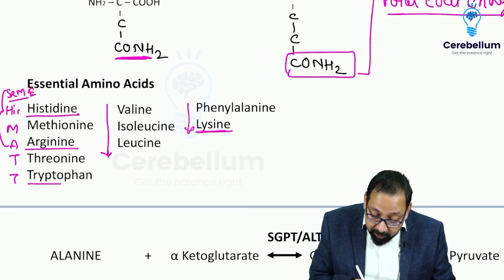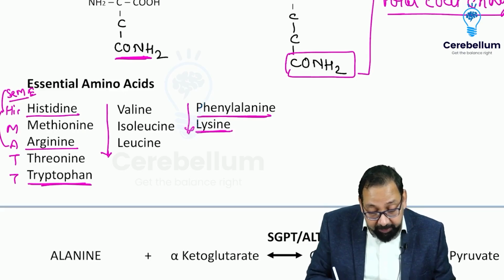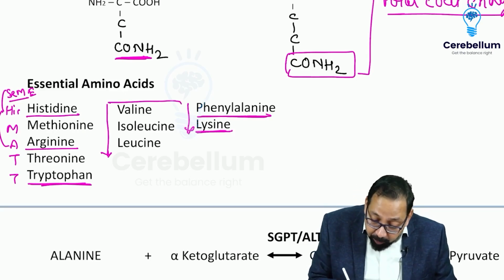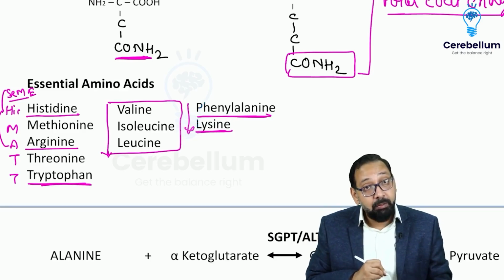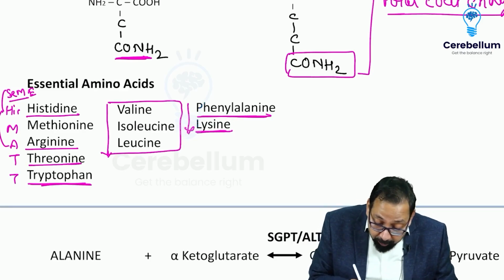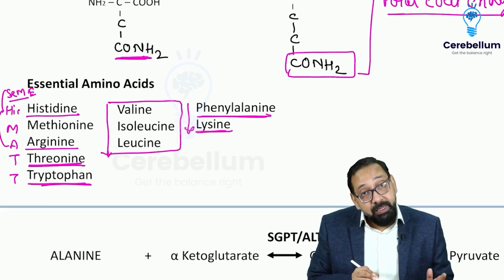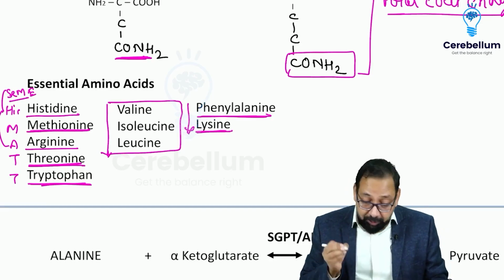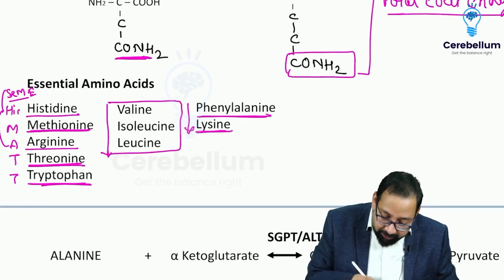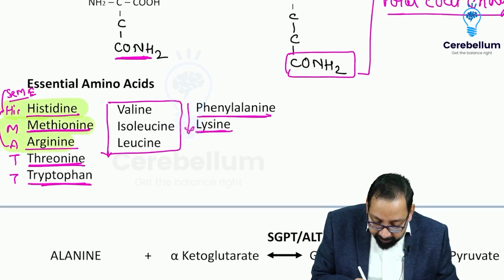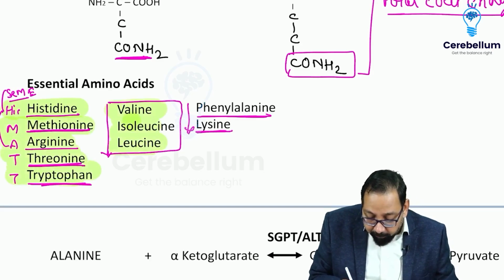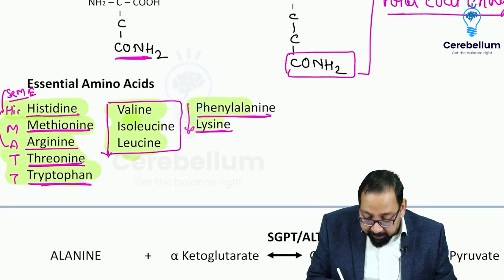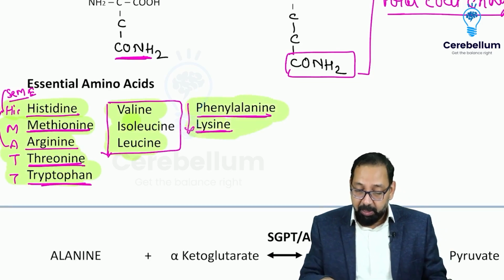The aromatic amino acids, tryptophan and phenylalanine, are essential. The branched-chain amino acids, these three, are essential: "will". Threonine, an OH-containing amino acid, is essential. The sulfur-containing amino acid methionine is essential. So the simple mnemonic: his, mat (M-A-T-T), will (V-I-L), fly (P-H-L-Y). These are the essential amino acids.